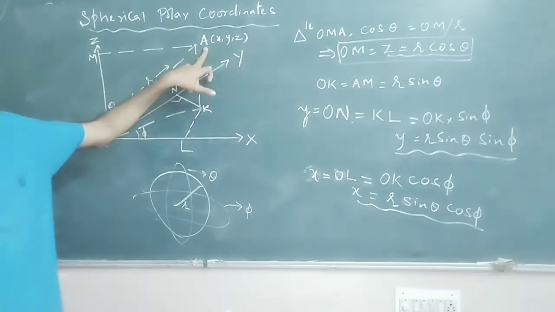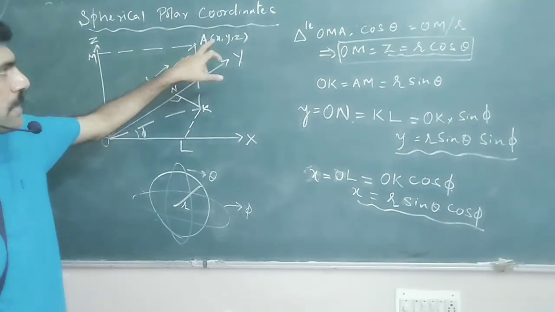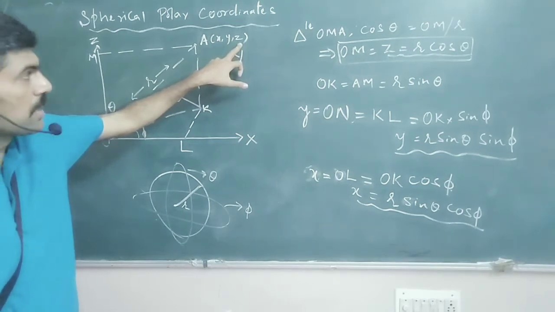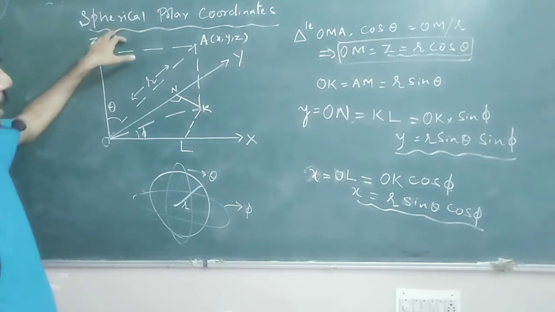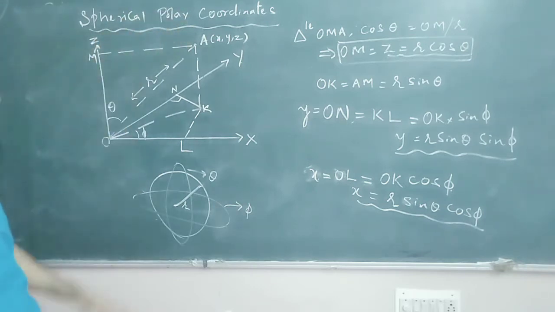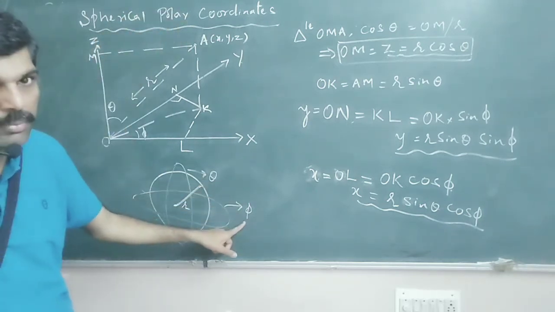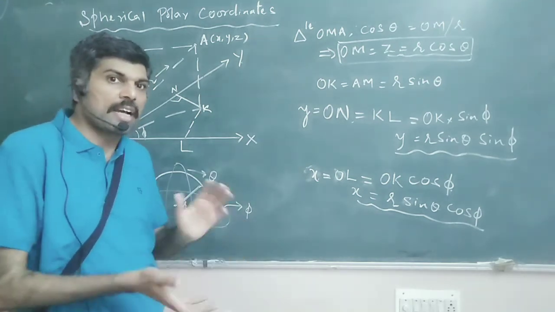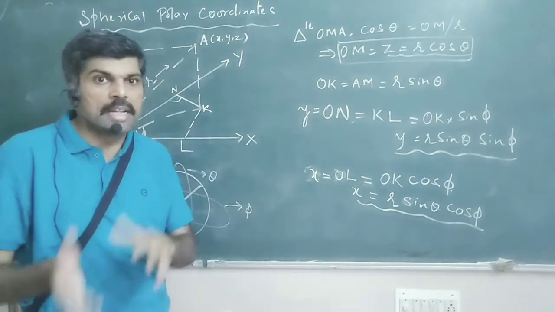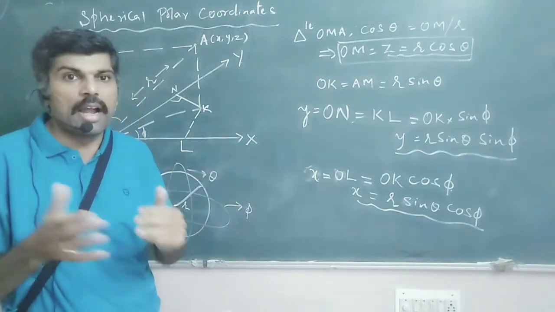For a point which has the coordinates x, y, z in the Cartesian system, the corresponding coordinates in the spherical polar coordinate system will be r, theta and phi. So it is very important for us to know what is the exact conversion of x, y, z to r, theta and phi.